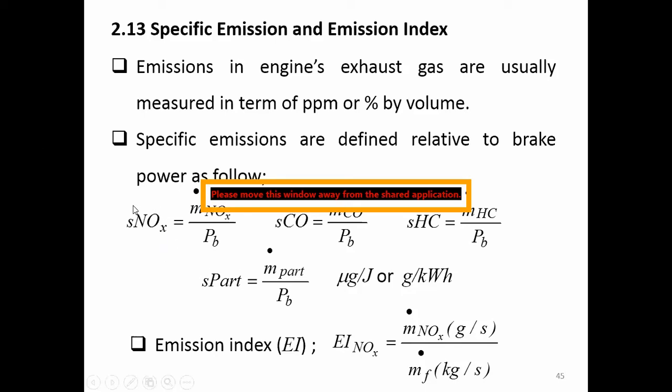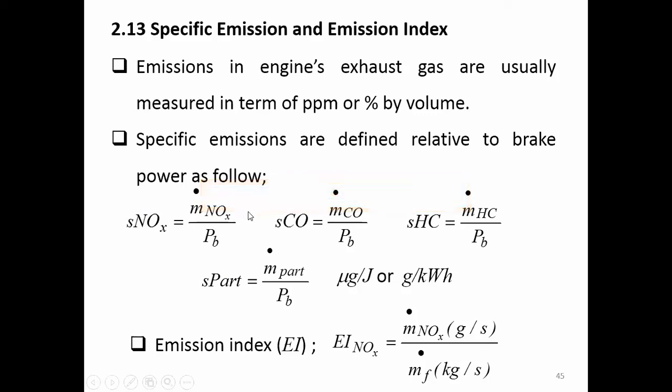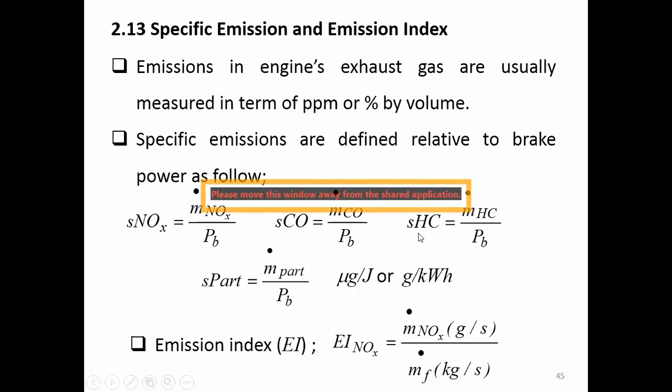So if we measure the amount of the NOx, we have a specific emission for the NOx, which is the mass flow rate of the NOx divided by the brake power, and so on and so forth for the specific emission for the carbon monoxide, and the specific emission for the hydrocarbon. Why do we have hydrocarbon coming out? Because this is the unburned hydrocarbon that flows out with the exhaust gas.